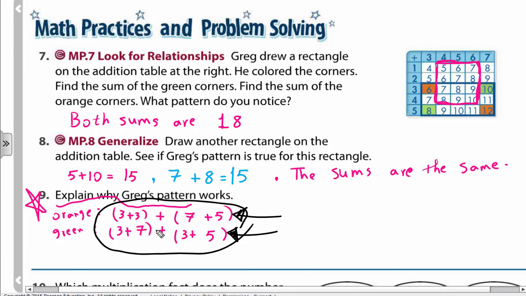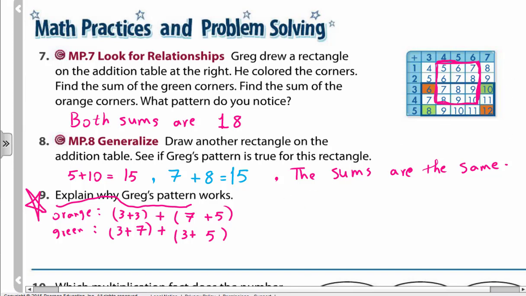So we are using commutative and associative properties, because we are changing the order and changing the groups.